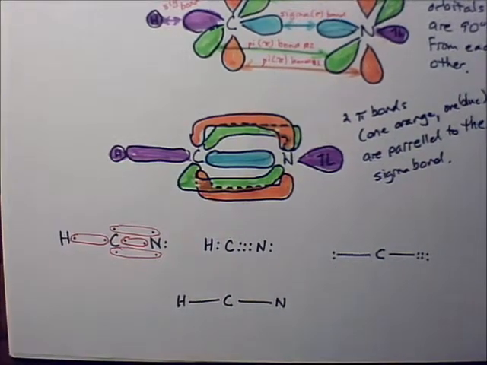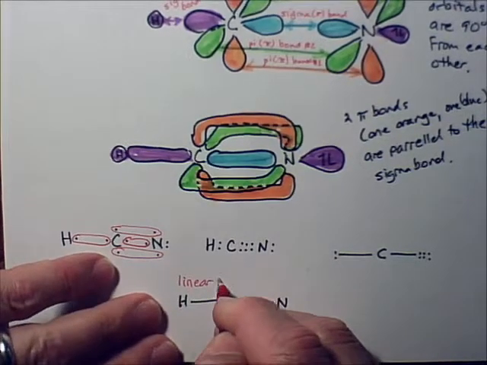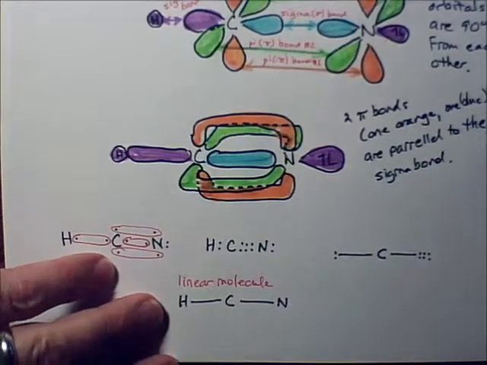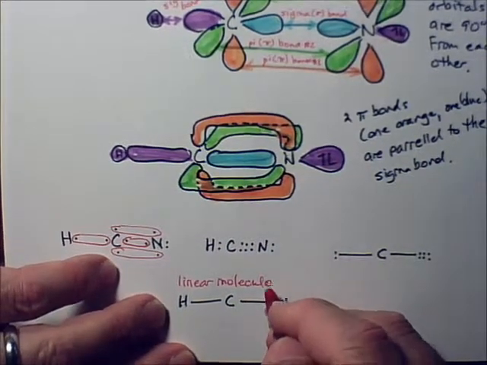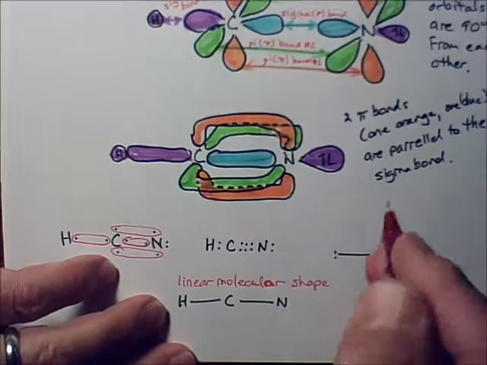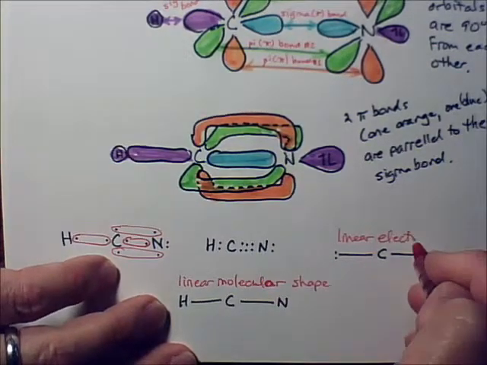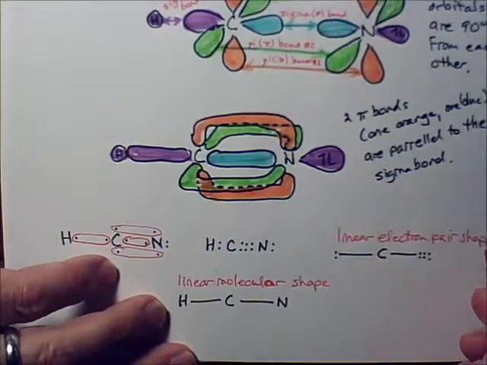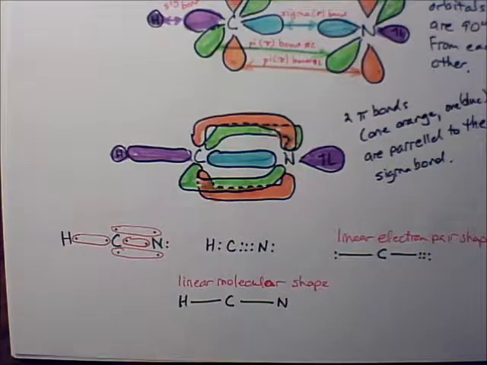And so now we have a linear molecular shape. Now, if there were lone pairs left, we'd have another step to go. But since we've taken care of all the pairs of electrons, for molecular shape, we're done. This is the linear molecular shape. This is a linear electron pair shape. Okay?